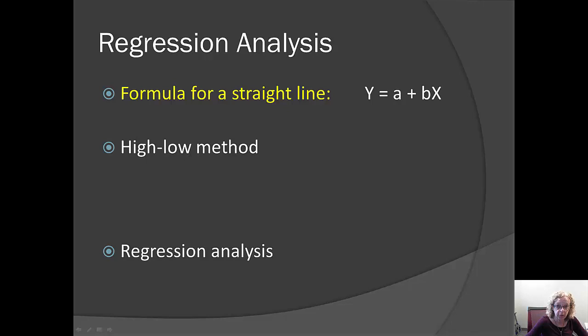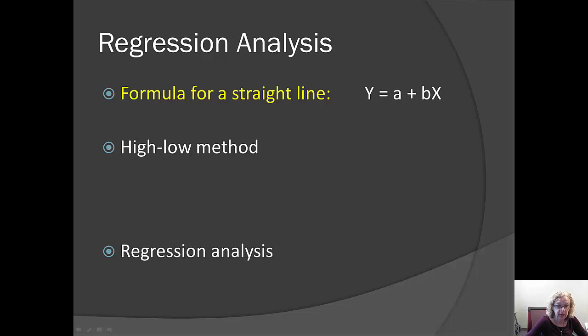For Charlene's computer care, y is the total overhead cost and x is the number of repair hours. And we believe that the relationship between those two variables can be described by a straight line.